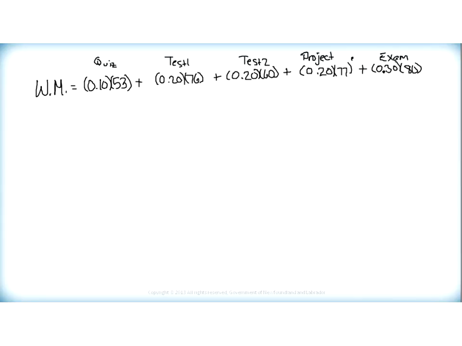Okay, so remember what weighted means. We find the weighting of each part and then multiply and then add those numbers together. We don't actually have to divide by anything here.